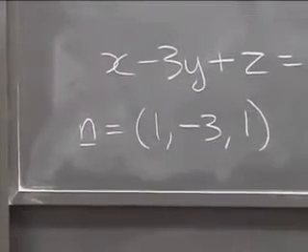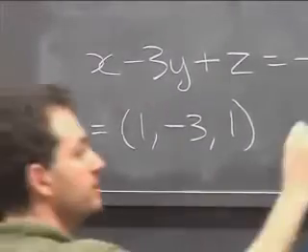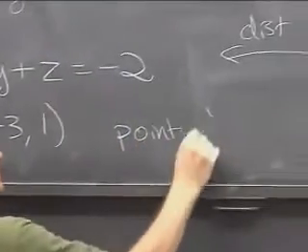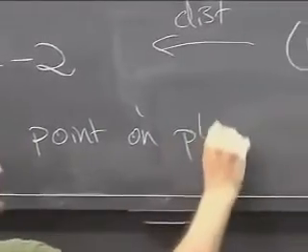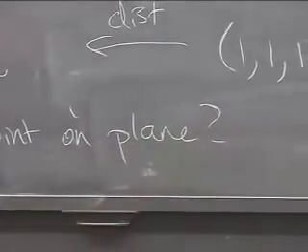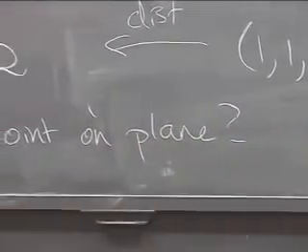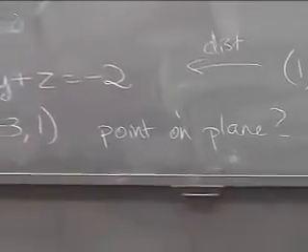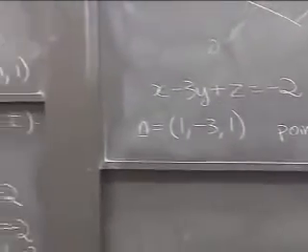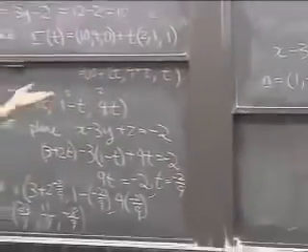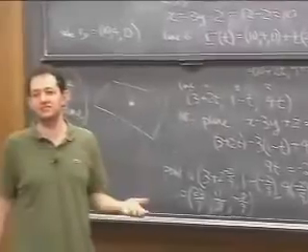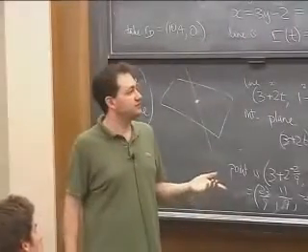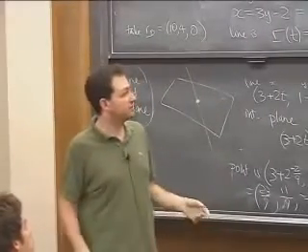And I do need a point on the plane. Well, how am I going to do that? Well, again, this is a case where you can let any of the coordinates be 0. In fact, what's a point on this plane that you can just easily see? 0, 0, negative 2. Or it could be negative 2, 0, 0.